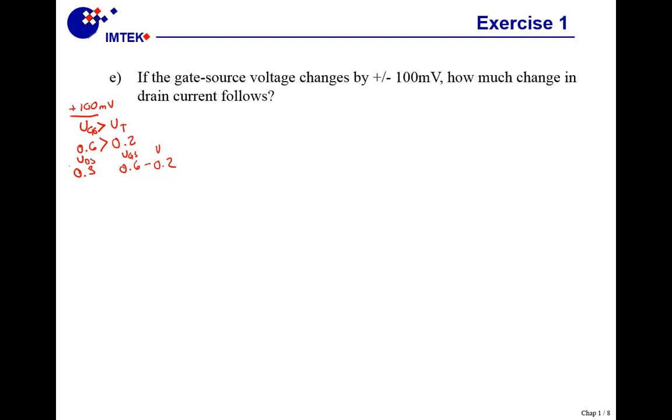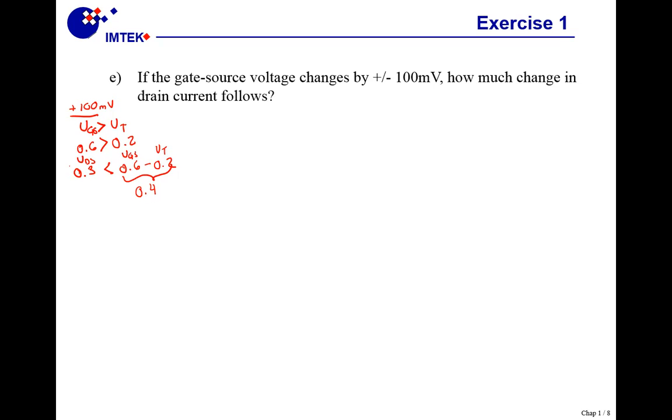If you calculate, this is equal to 0.4 volts. That means 0.3 is smaller than 0.4. And what does this mean? That means that we are working in the linear region.